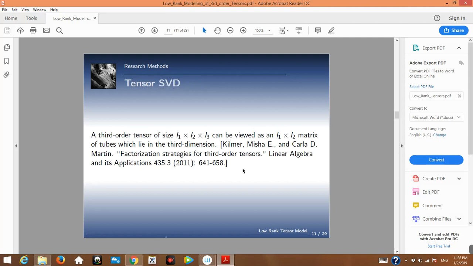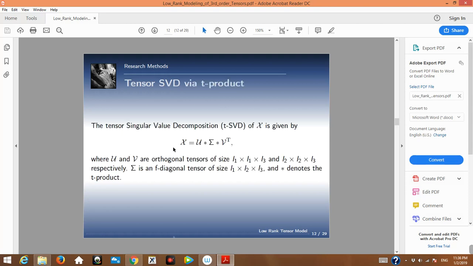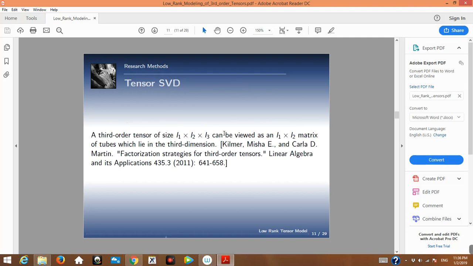Now, as is well known, the matrix SVD is very useful for matrix analysis because it has a deep relationship with principal component analysis. Now, for a third-order tensor, Kilmer and Martin proposed a new tensor singular value decomposition. Their view is that a third-order tensor can be viewed as a matrix of tubes.